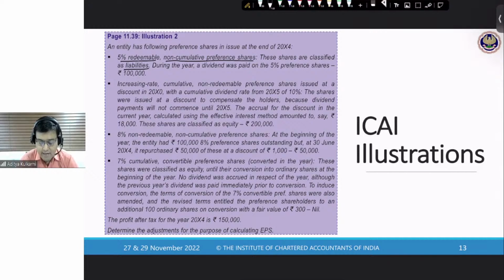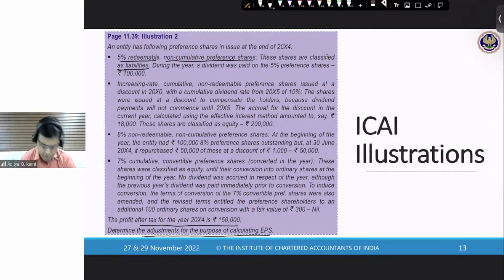During the year, a dividend was paid on the 5% preference shares amounting to rupees 1 lakh. Now you tell me, it is already classified as a liability. So what is the required part? The profit after tax for the year is 1,50,000. Determine the adjustments for the purpose of calculating EPS.